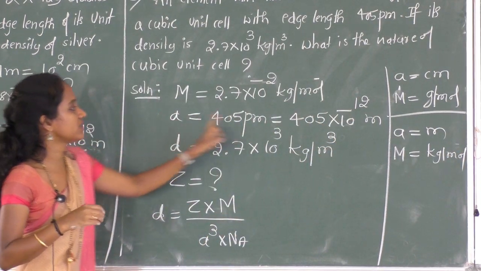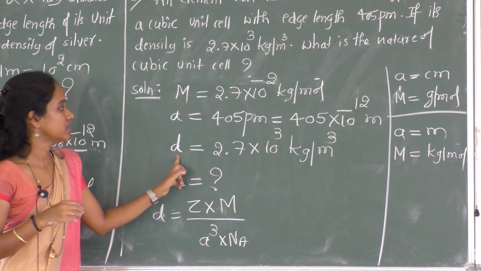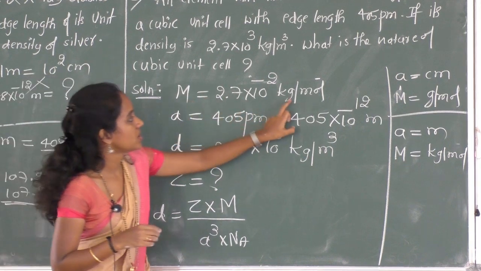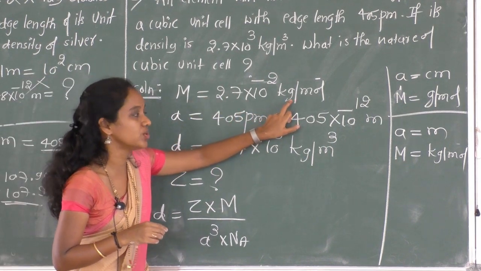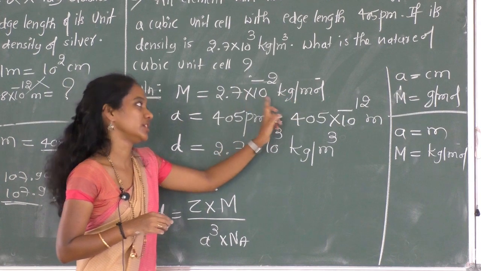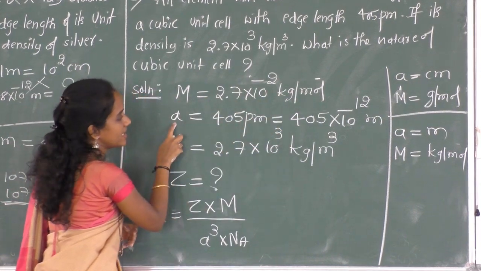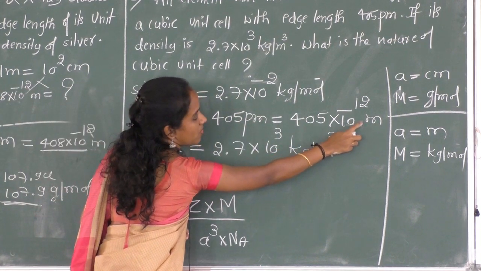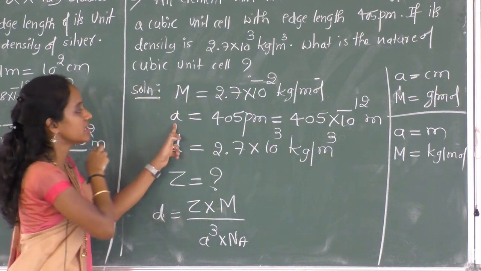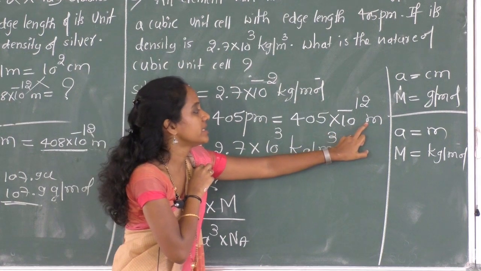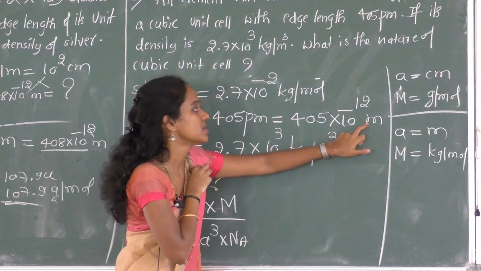So here edge length is in meter and molar mass, okay, it is in kg. So now we need to do the unit conversion. It is given molar mass is in kg, no? And edge length is in meters. What I am doing here is I'll convert meters into centimeters.